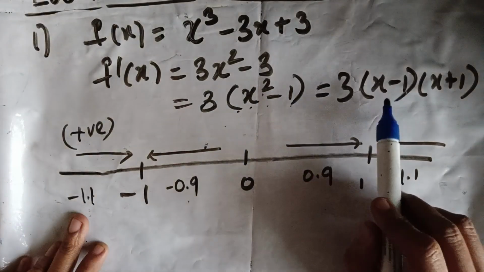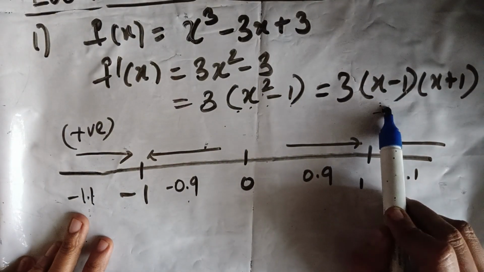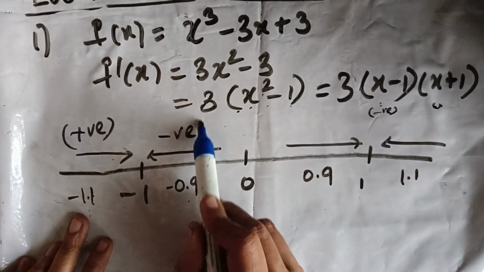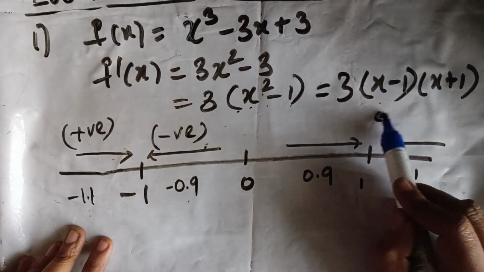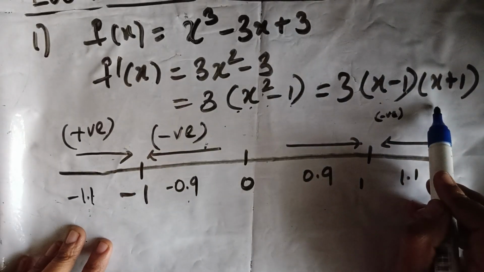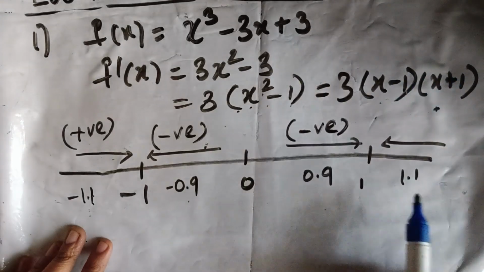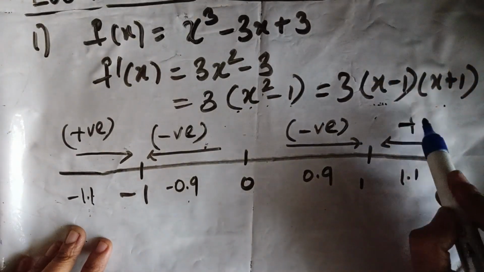Then -0.9: negative, positive, so negative. 0.9: negative, positive, negative. 1.1: positive, positive, so positive.